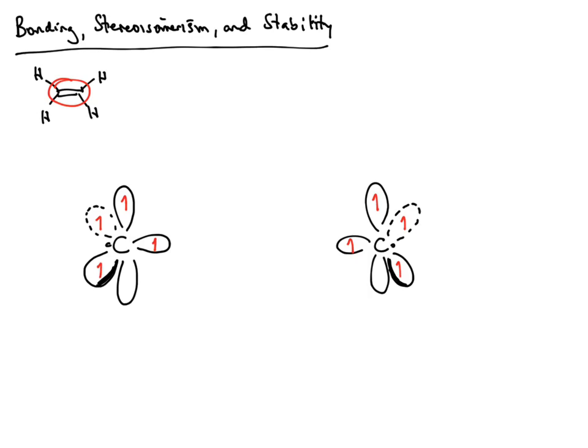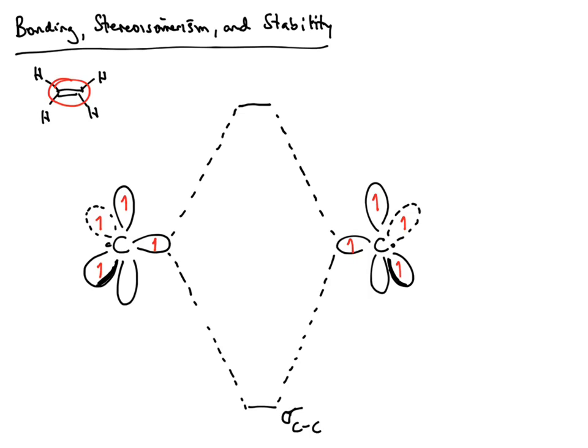And what I see is that a new head-on overlap between sp2 hybridized orbitals will give rise to a sigma bond, a sigma CC bond, that has 2 electrons in it, and a sigma star CC with no electrons in it.